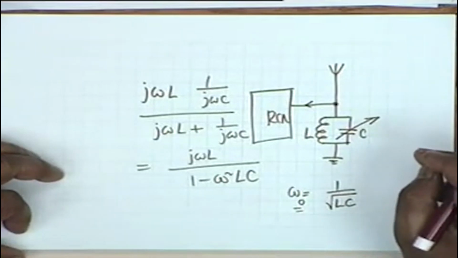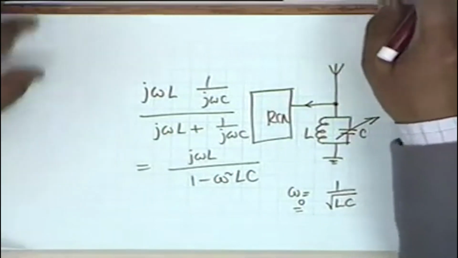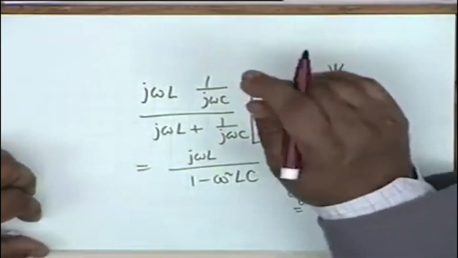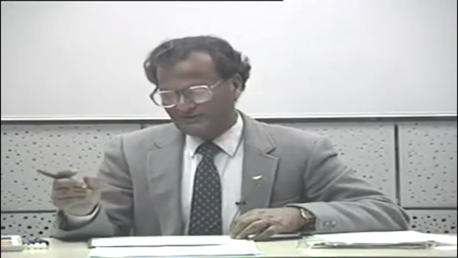For example, if you wish to pass the low frequencies in a circuit and cut off high frequencies, for example in base control, what you do is basically allow the high frequencies to be rejected, you admit only the low frequencies.